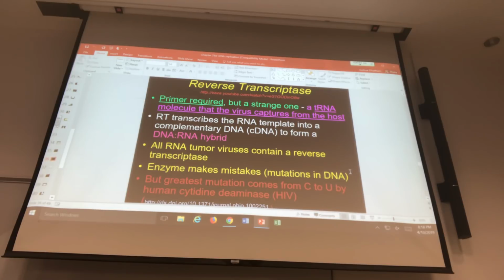Certain RNA viruses have reverse transcriptase to try to incorporate their genetic information into a host's own DNA. The way it does so is that this RNA virus usually hacks the host's own tRNA as a primer for reverse transcriptase. Then it will reverse transcribe the RNA into DNA and then insert that DNA into the target genome.